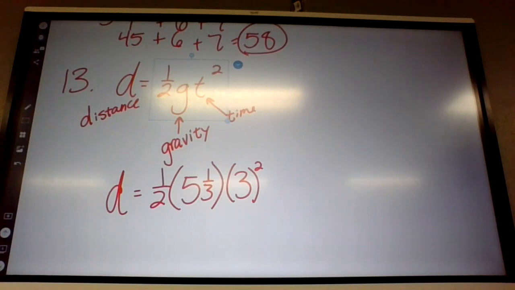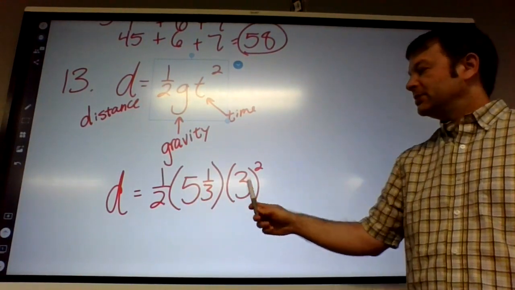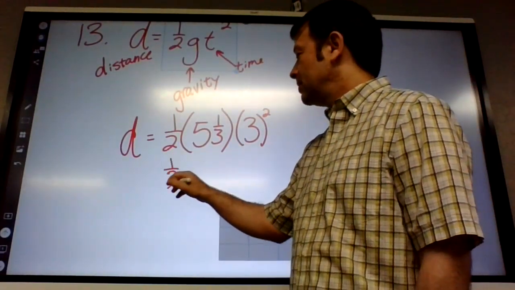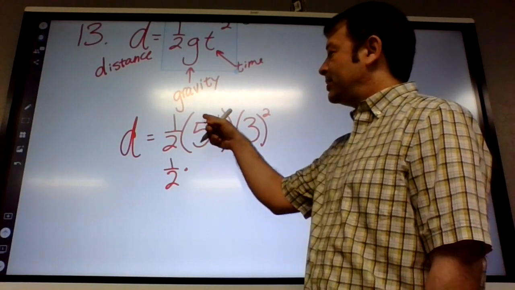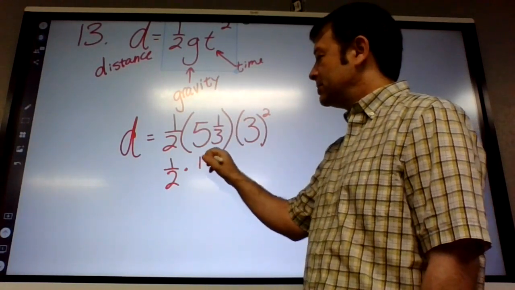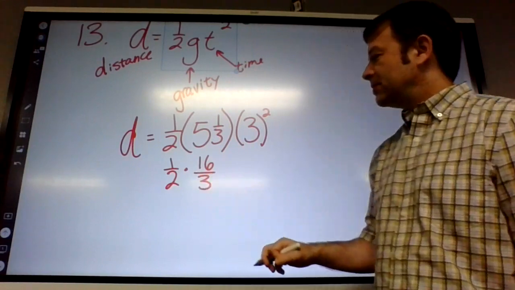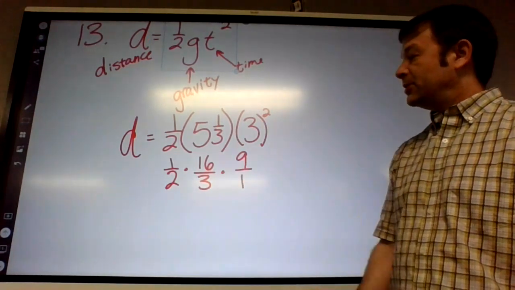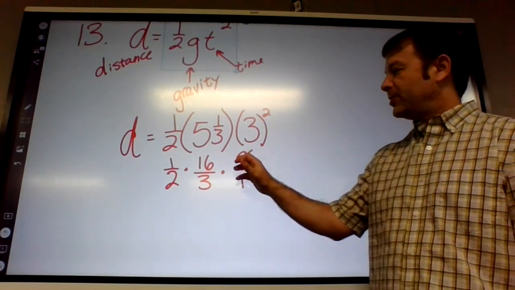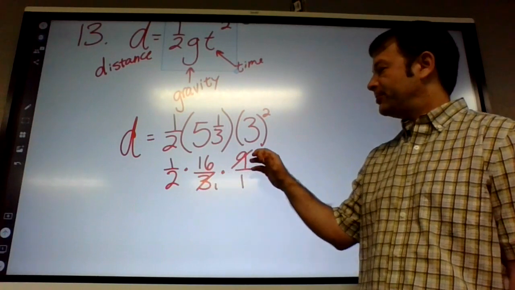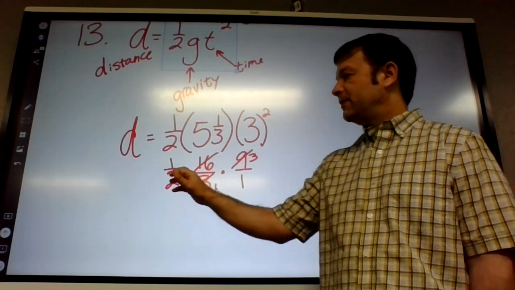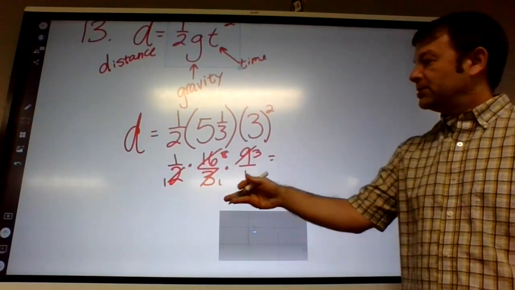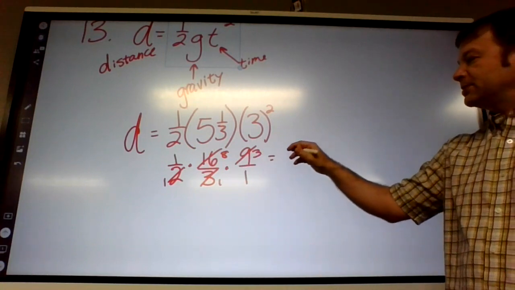So the distance the object falls, we just plug the numbers in and work it out. See, if I had to do this by hand, I would change this to an improper fraction. 3 times 5 plus 1, 16 thirds. 3 squared is 9, or 9/1. You guys remember you can reduce fractions when you multiply? 16 divided by 2, 8. So we have 1 times 8 times 3.